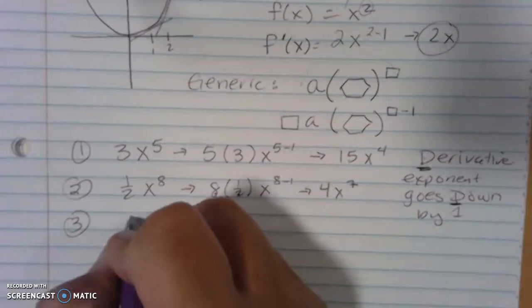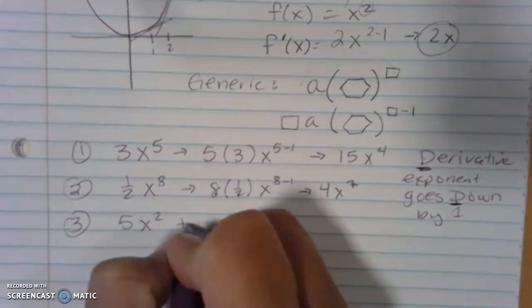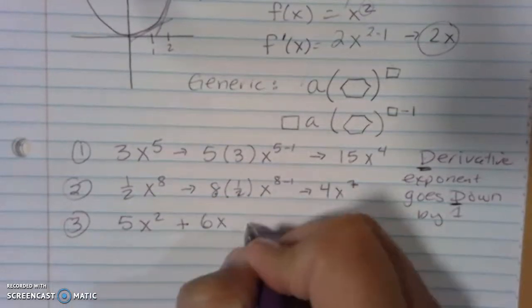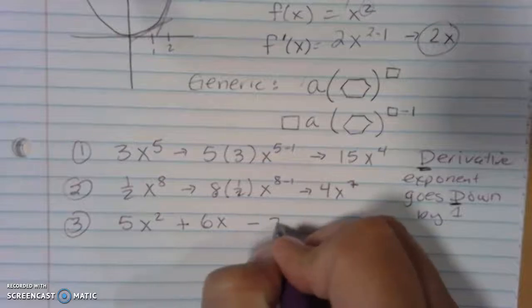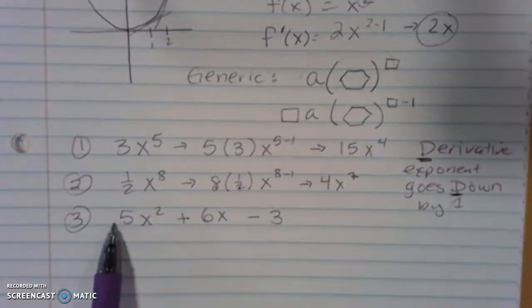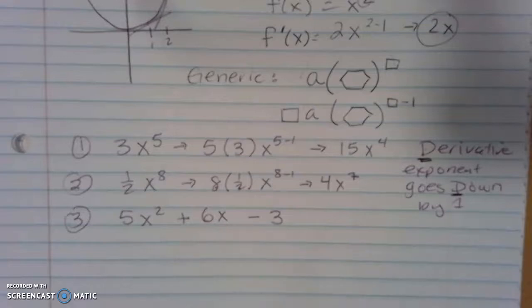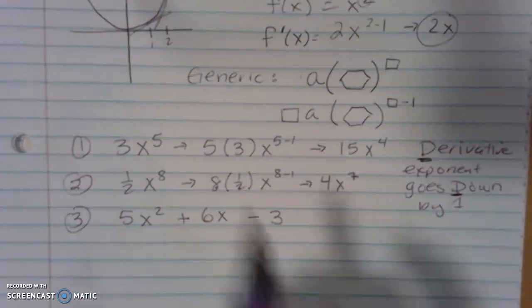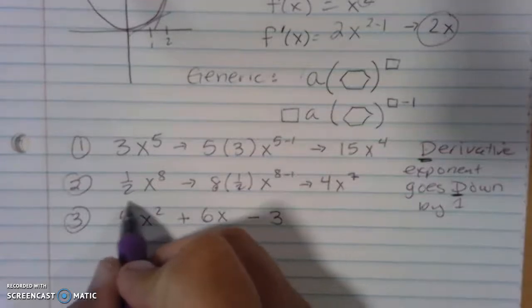What if we have something like this, 5x squared plus 6x minus 3? Okay, now this one, you treat each term inside this polynomial as a separate identity. So I'm going to take this 2 and pass it out here.